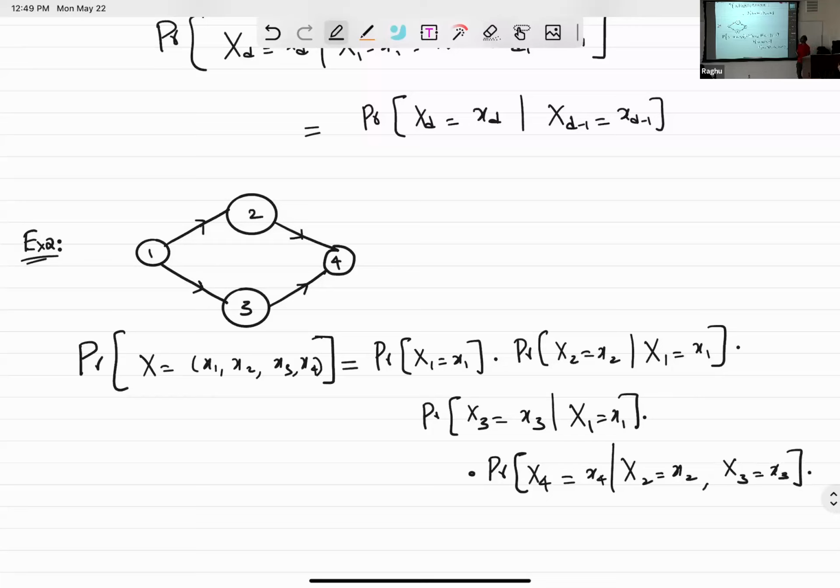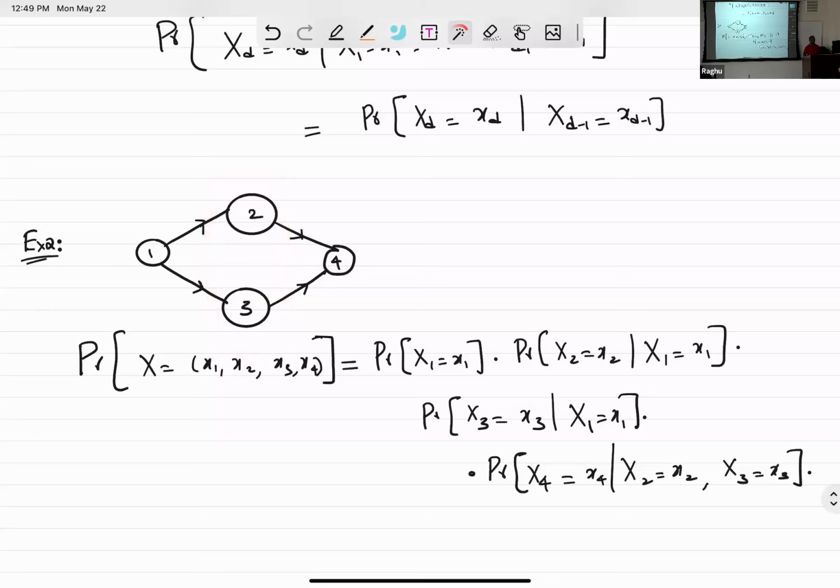Okay. So each node essentially is conditionally independent of things which are not its parents. You can think of this notion of parents: for every node, there are its immediate parents, which link into it. And the conditional independence structure is entirely determined by the graph.